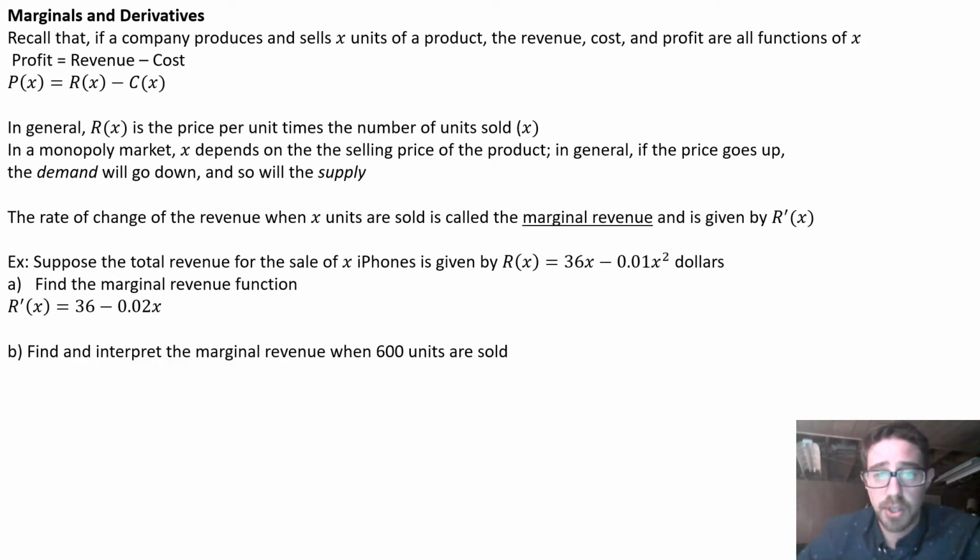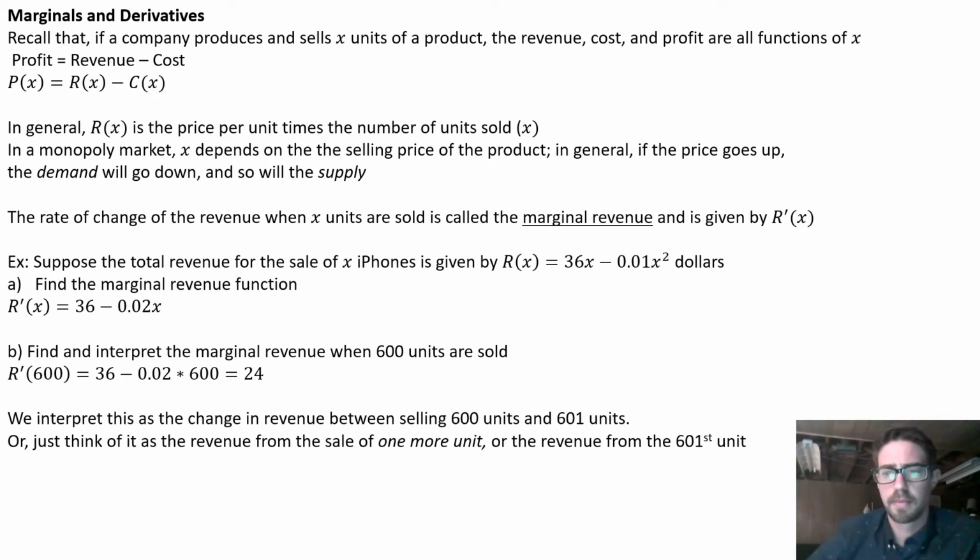When 600 units are sold, all we mean when we say that is, what is R prime of 600? You just punch that into your calculator. It's 36 minus 0.02 times 600, which is just 24.